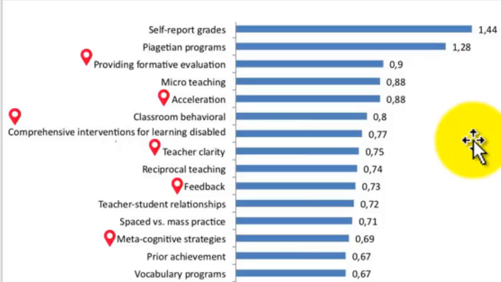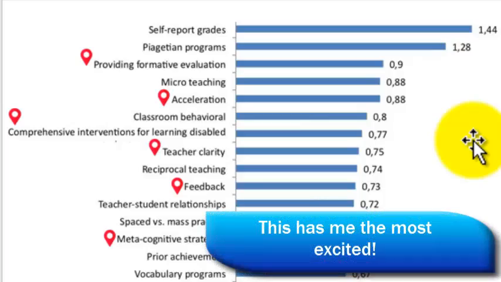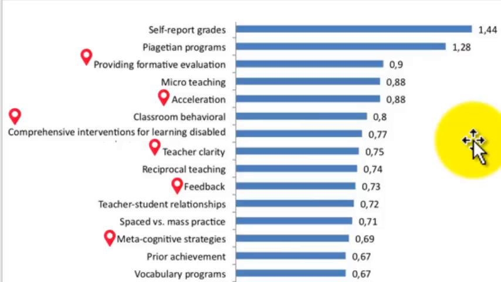Comprehensive interventions for learning disabled students who are on IEPs and are struggling learners: teachers working with them have access to all this information, and they'll be able to use that to continue to help their students learn and grow at their zone of proximal development, which is extremely important for all students, not just disabled students.